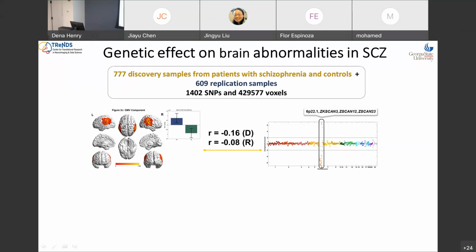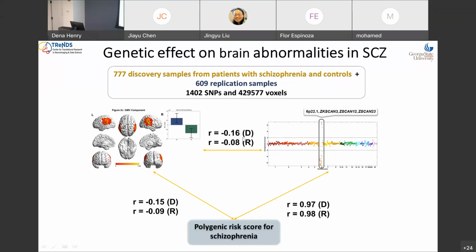On this right side is the SNP component, highlighting chromosome 6p22. This chromosome region is one of the regions that show the most significant schizophrenia relevance in the large-scale GWAS studies. So it identified this component pair in the discovery, and it was able to show that these components and their associations replicated in another 600 new replication samples. This proves that the identified linkage is very reliable.